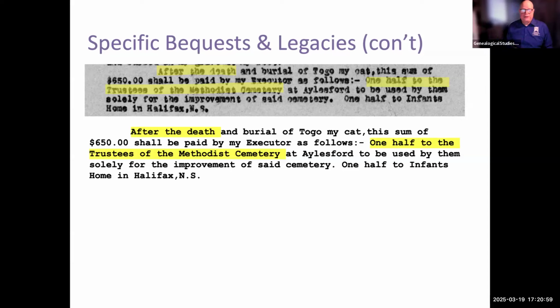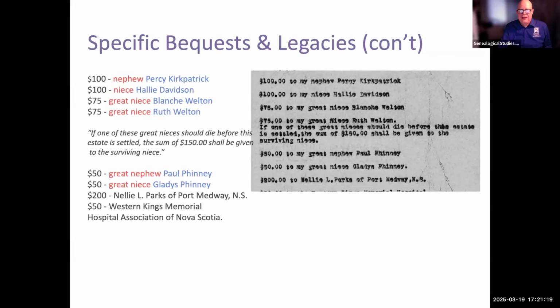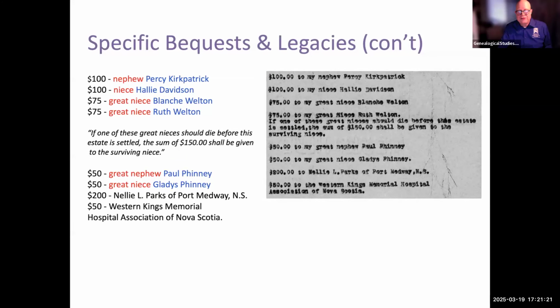Now, as a genealogist, you want to pay attention to that, because what does that tell you? Methodist Cemetery in Aylesford? Probably where she's buried. The other half to the infant's home in Halifax, Nova Scotia. So she thinks of the cats and she thinks of the kids. Way to go there, Annalene. Now the specific bequests. Notice the cat got the money first.